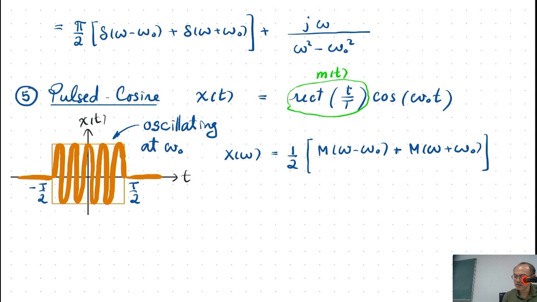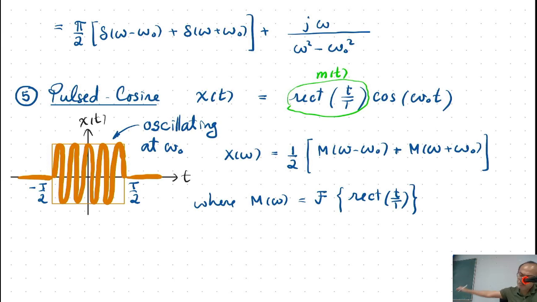Now, what is M here? M omega is the Fourier transform of the rectangular of width T. But the Fourier transform of a rectangular is the sinc function, so this is just T sinc of omega T over 2. So big M is a sinc signal.